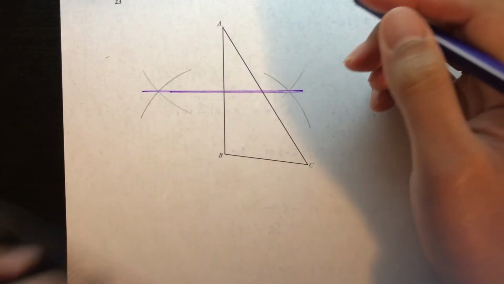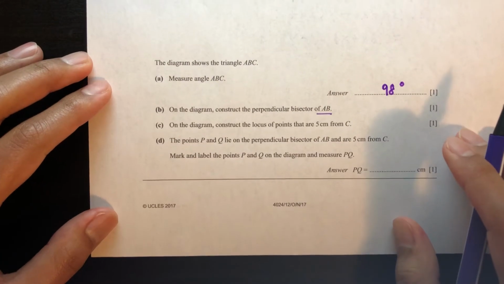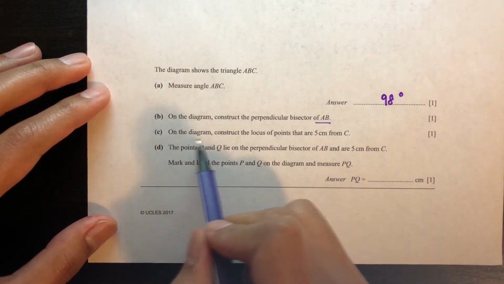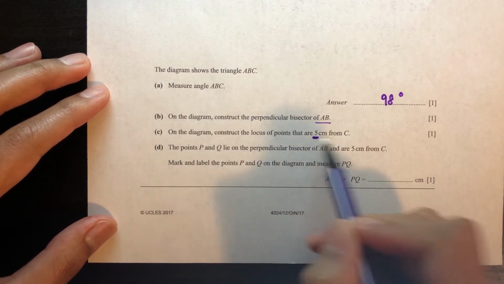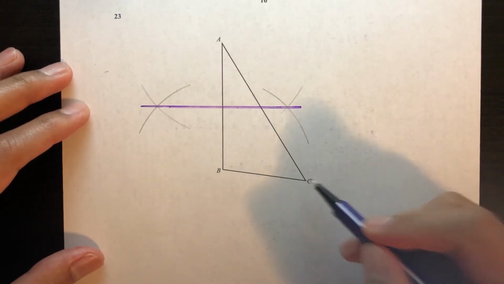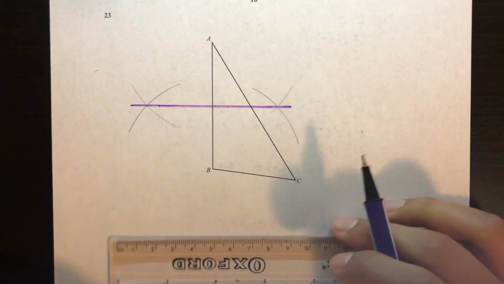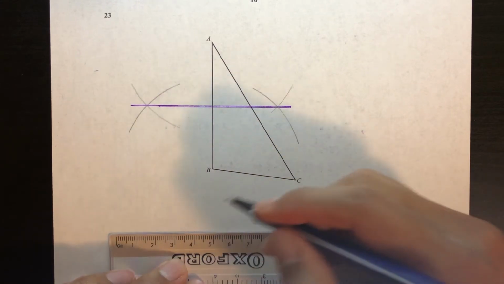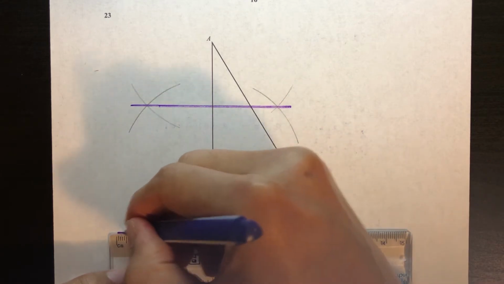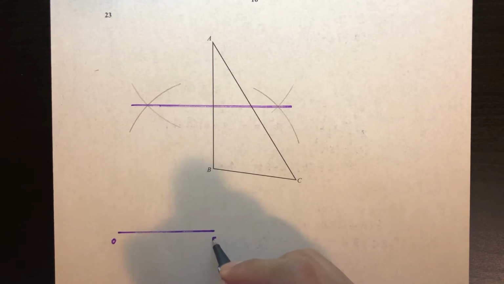So that's the bisector of AB. Okay, so now question part C. On the diagram, construct the locus of points that are 5 centimeters from C. So the point C will be here. I have to measure 5 centimeters. We'll take our ruler. Let's say the scale is here, that was 0 and 5.